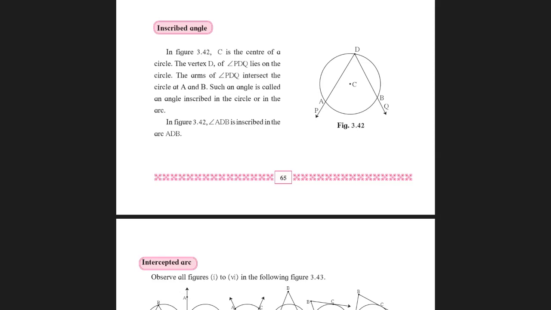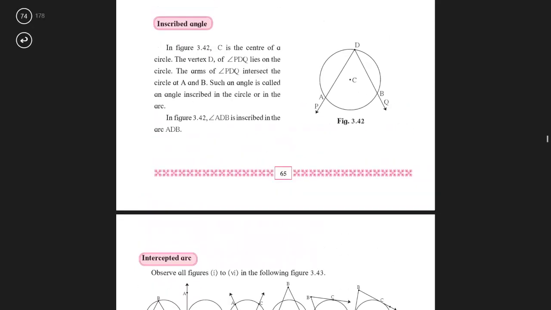You will draw figure 3.42 and write C is the center of the circle. Vertex D of angle PDQ lies on the circle. Arms of angle PDQ intersect the circle at A and B. Such an angle is called an angle inscribed in the circle or in the arc. In the figure, angle ADB is inscribed in the arc ADB. Okay, and it is intercepted by the arc AB.